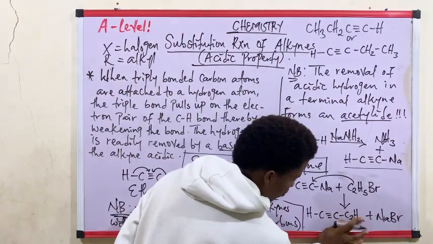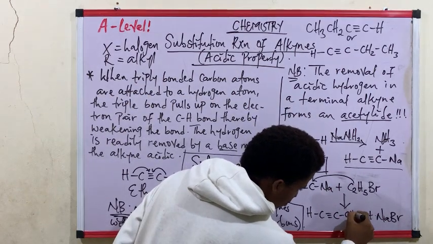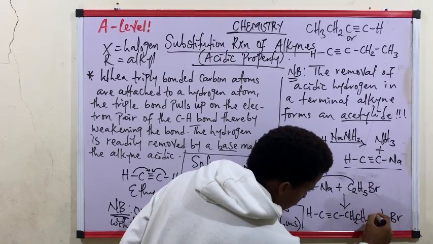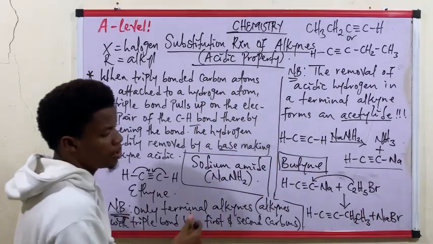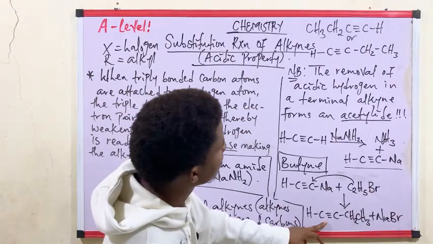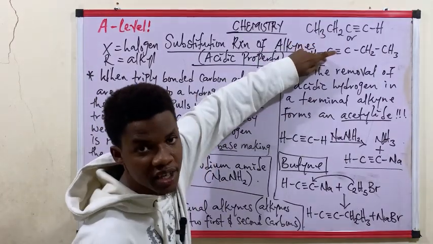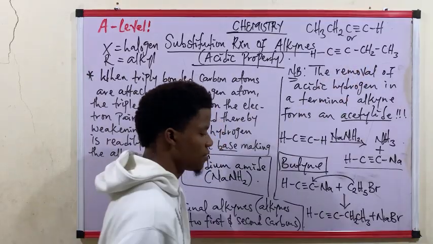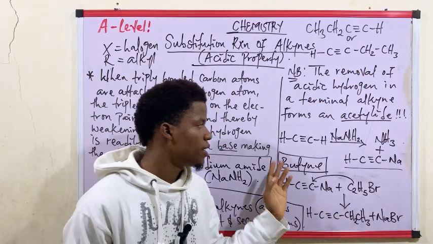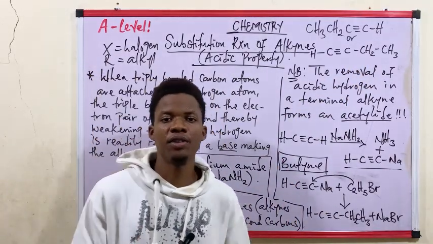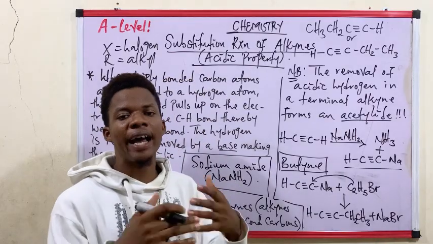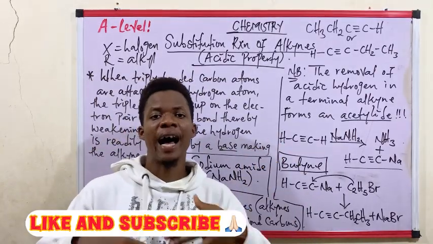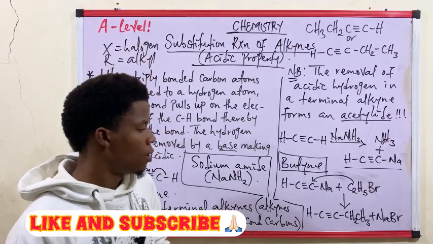I can rewrite this as CH2CH3. You can see that this is similar to what we got here. So that's the benefit of the acetylide. You can use the acetylide to generate higher members of the alkynes.